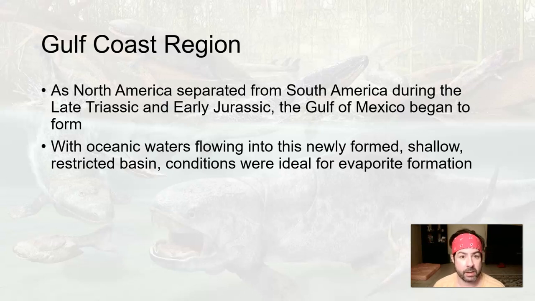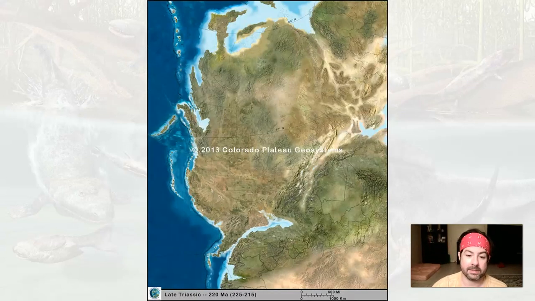It created some shallow, restricted basins where there wasn't much inflow and outflow of water. Whatever water got in there just got trapped. So conditions were ideal for evaporite formation, as this oceanic water got trapped in these shallow basins, the water evaporated away, and left behind salt and other evaporite deposits.